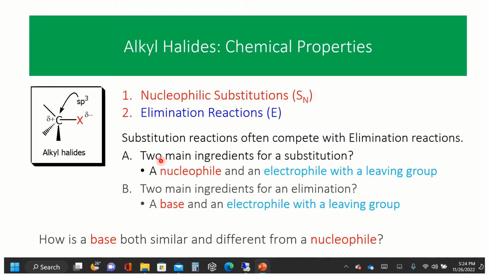So the two main ingredients for a substitution reaction are a nucleophile and the halide, which is itself a good leaving group. For elimination, we need a powerful base and again an electrophile.